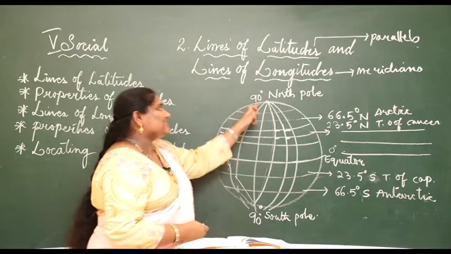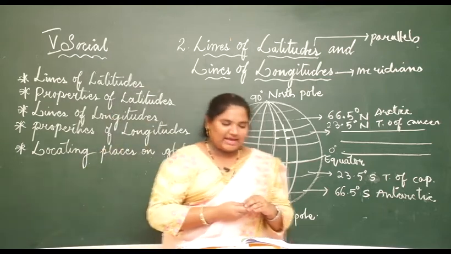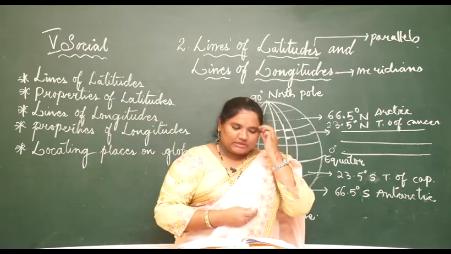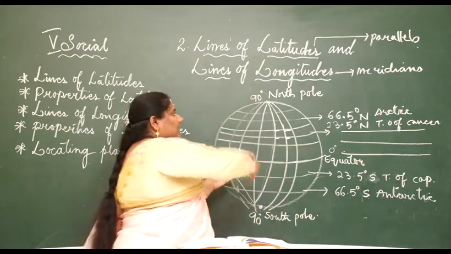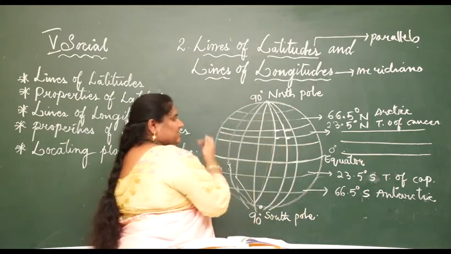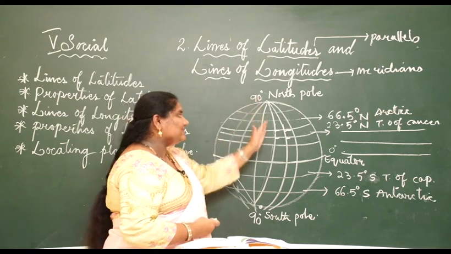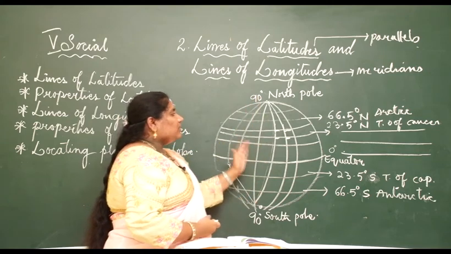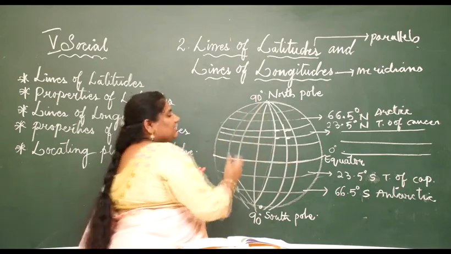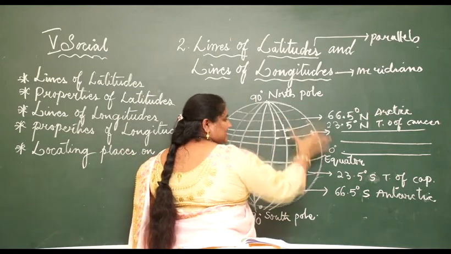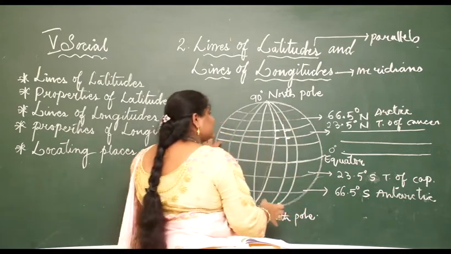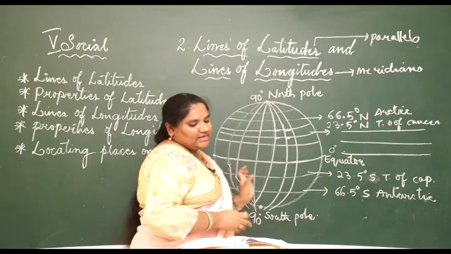So the 180 degrees longitude is also called the prime meridian. So here it cuts to the east and the west. That line cuts 180 degrees to the east and the west. That east part is called the eastern hemisphere. When it comes to the west, it is called the western hemisphere.